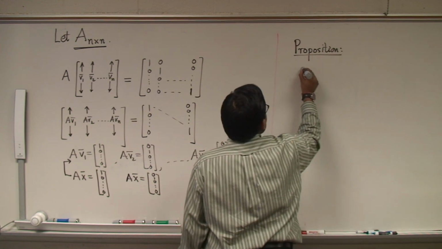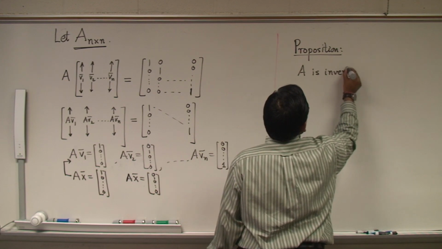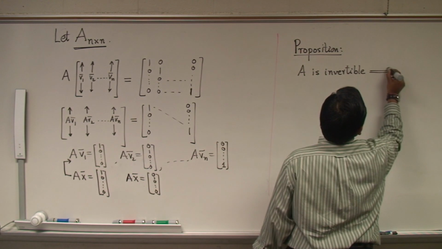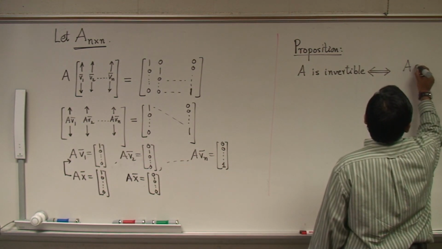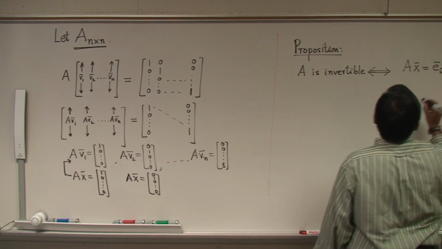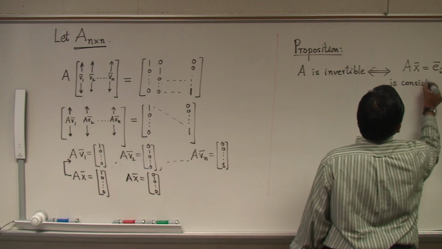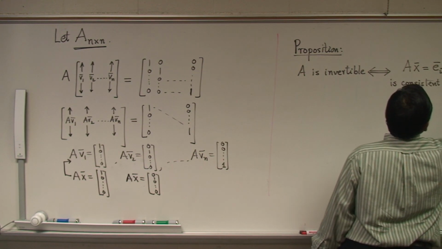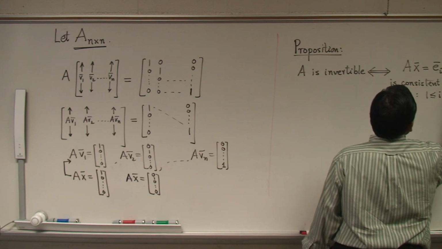I claim that A is invertible if and only if Ax equal to Ei is consistent for all i from 1 to n.